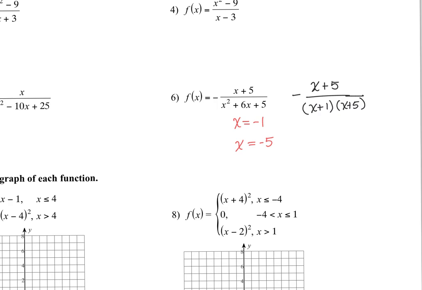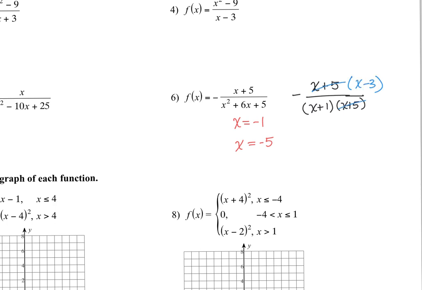You have two more types, removable and infinite. Last year we called them removable and non-removable. This year we call them removable and infinite. Removable means I can get rid of my problem. Do you see one that you think you could get rid of? Yes, I see one I could get rid of with cancellation.